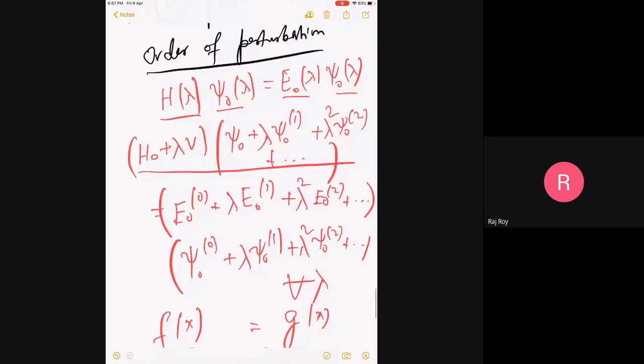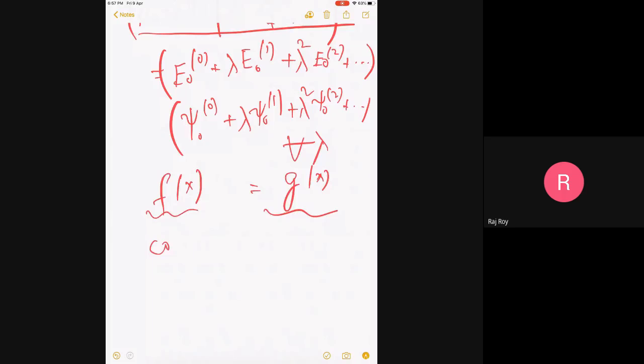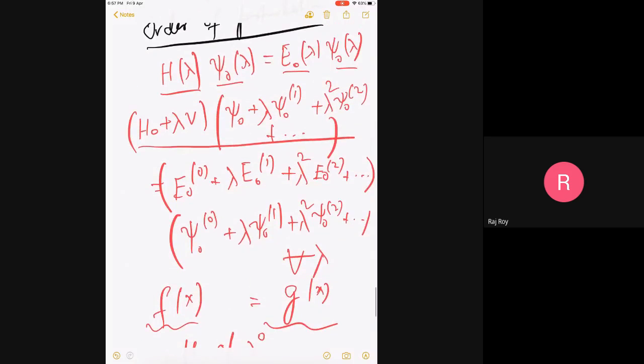Okay? So with this, let me now find out the coefficients in this equation for lambda to the power 0. Look at the right hand side. What are the terms which do not depend on lambda? Lambda to the power 0 means it doesn't depend on lambda. This and this, that's it, right?